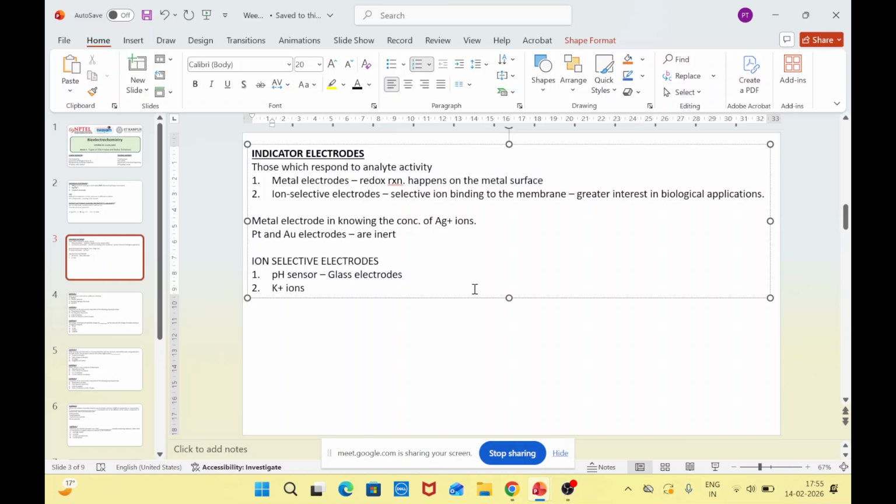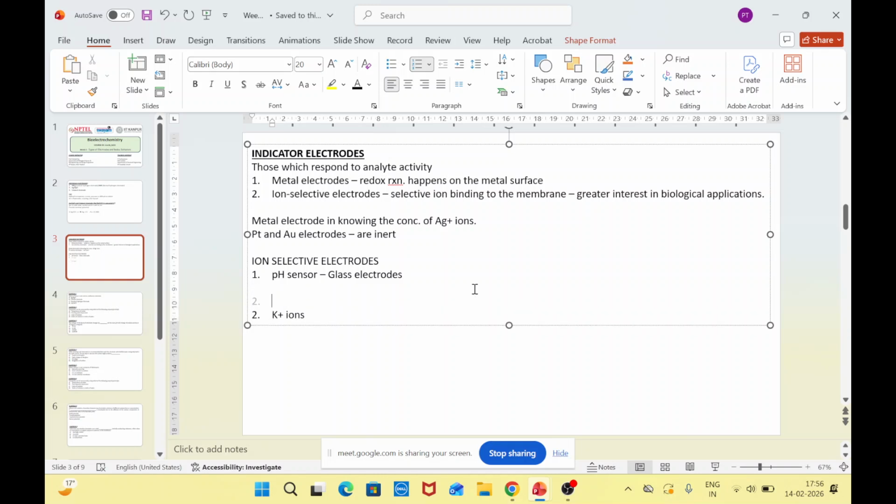This is typically the place where we will use two reference electrodes, usually separated by a glass membrane. By measuring the shift in the concentration of the H plus ions, we try to detect the pH value.